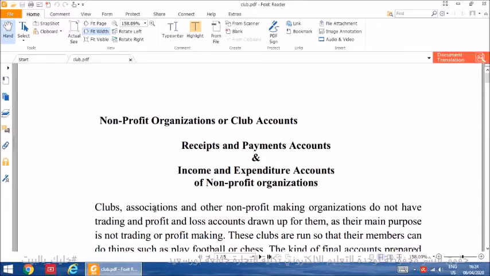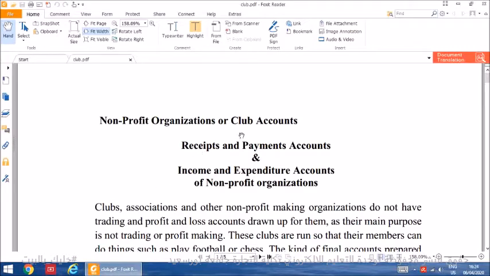Today we will complete the previous topic we studied in the previous lecture, accounting for non-profit organizations.